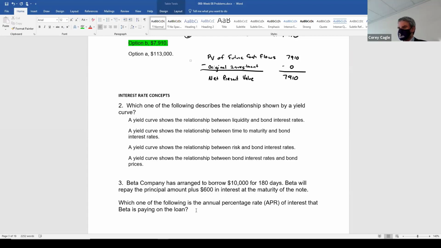The yield curve just shows what the interest rates are as the time to maturity changes. So it's just a graph of the interest rate as the length of time that you're borrowing for goes out. So B is what it is: the relationship between the time to maturity and the interest rate. I don't know how important that is. It's easy enough though.